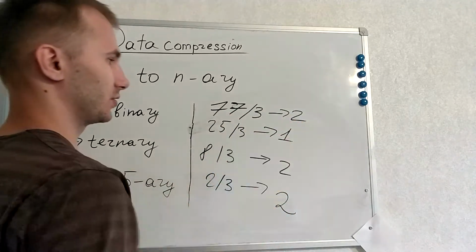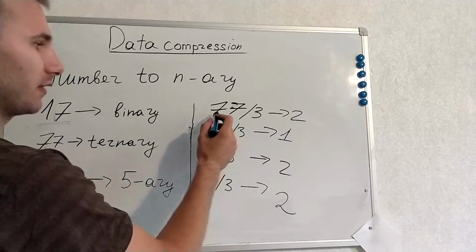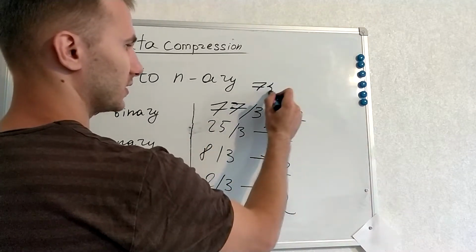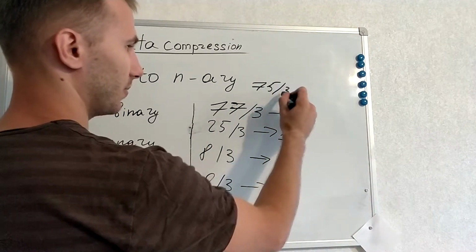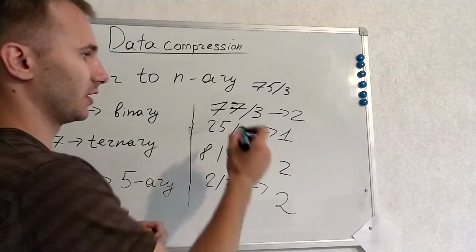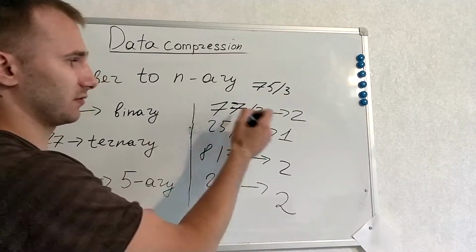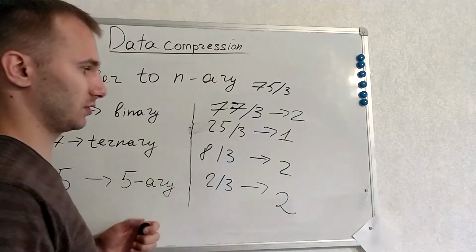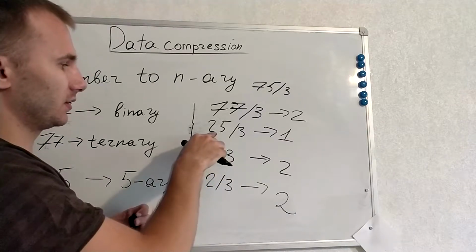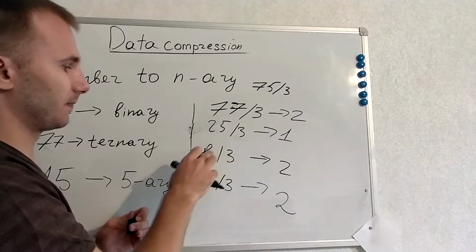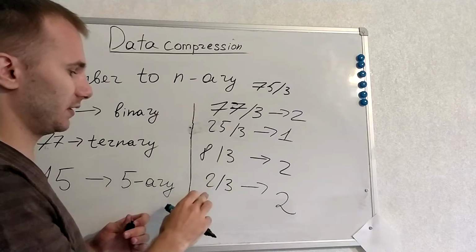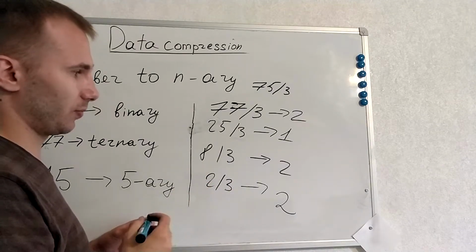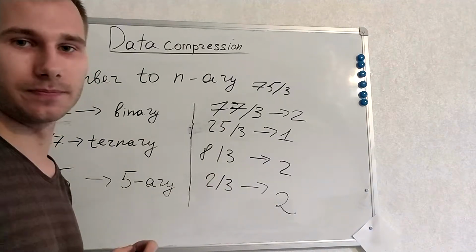This remainder is 2, because only 75 can be divided by 3 without a remainder. What's the difference between 75 and 77? It's 2, so this is here. Then we divide 25 by 3, then 8, and then 2 by 3. I think it's clear now.